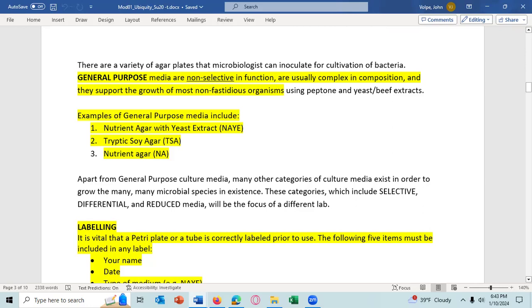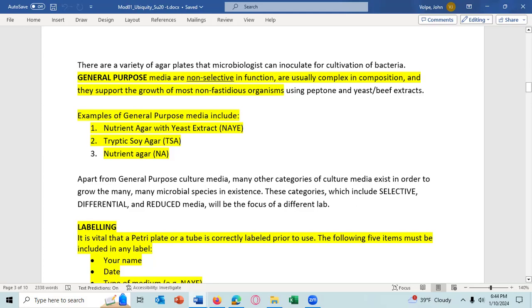It's usually a complex composition made of many different materials, and the general purpose media support the growth of most non-fastidious organisms, meaning you can get many things to grow in a general purpose media, but you cannot get a fastidious organism to grow in a general purpose media. A fastidious organism is one which requires certain additives to be added to the media before the organism will grow.